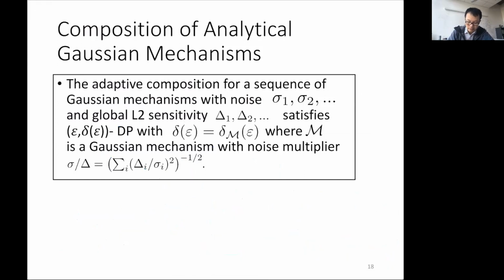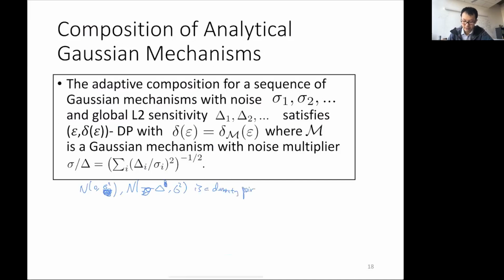So let's say that N(0, sigma squared) and N(delta, sigma squared) is a dominating pair.